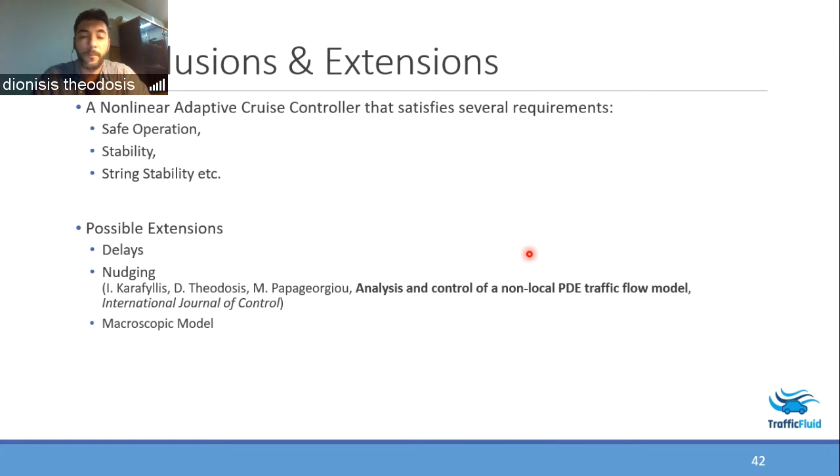When we consider nudging, we have seen that at least in macroscopic models, we have a very strong stabilizing effect. Another possible extension is the study of the corresponding macroscopic model for this cruise controller.